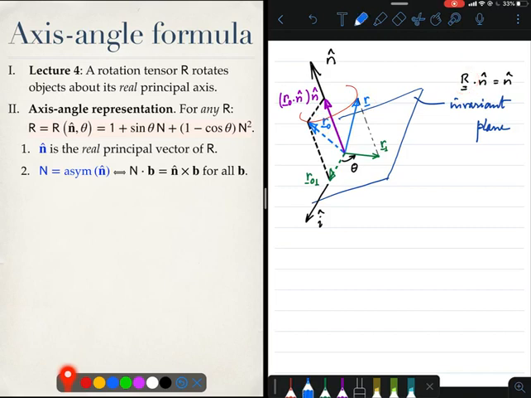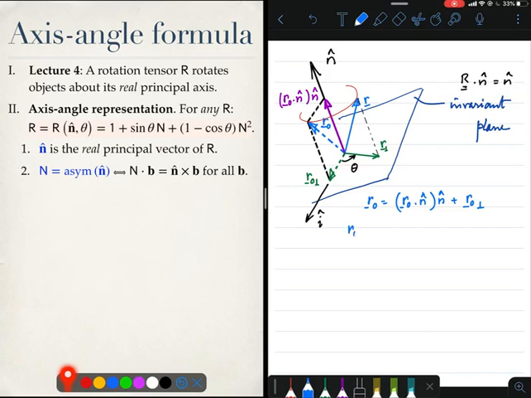What is clear is that R0 can be written as R0 dot n n plus R0 perp. You will have no problem with that. That's simply this projection along this and this.